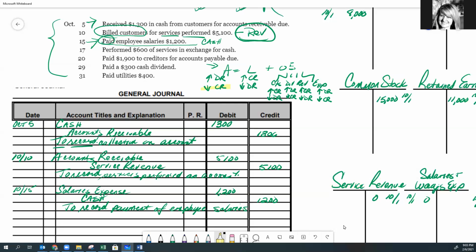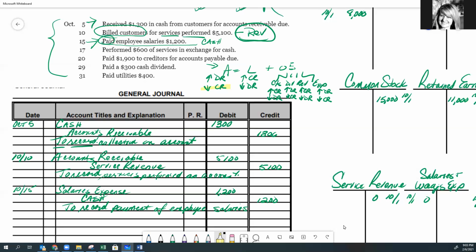The second rule we said was that you have to have at least one of each. So accounting uses double entry. That means that you have to have at least 2 different accounts affected. So as long as you have at least one debit and at least one credit, you have followed that rule. Doesn't matter if you have 10 debits and only 1 credit. That's fine as long as it's at least one of each.